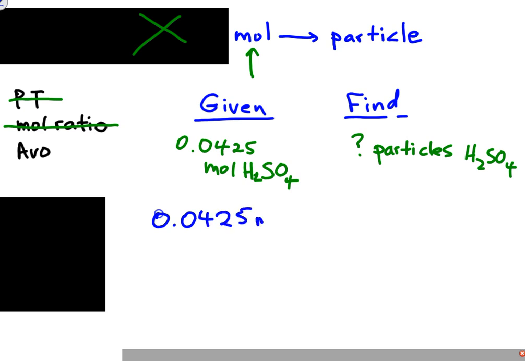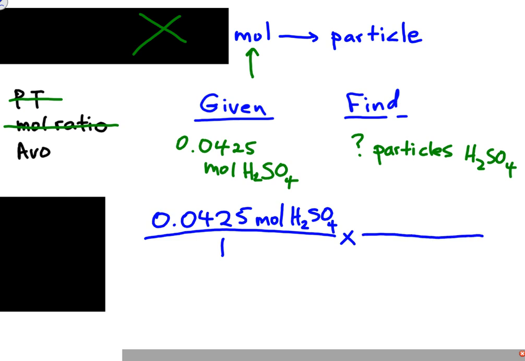0.0425 moles H2SO4 over 1. All right, what's next? What do we have to have on the bottom of this second fraction? 1 mole.